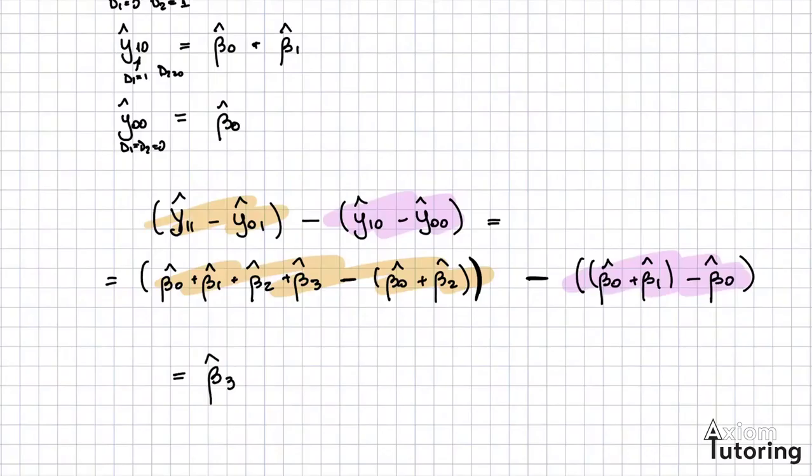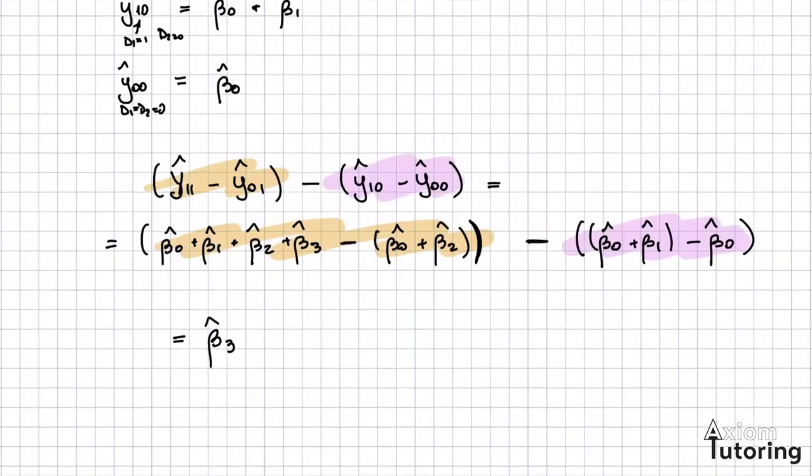So beta 3 is exactly the difference in difference estimator. Okay. It measures how much the effect of one dummy changes when the other dummy switches on.